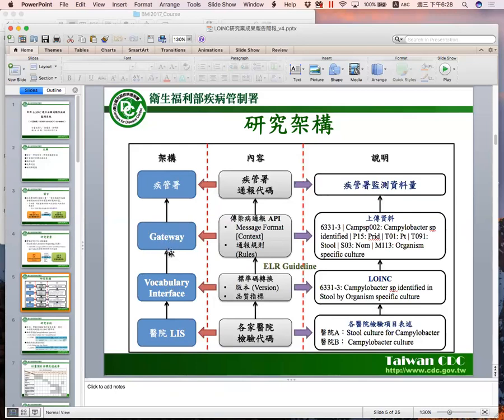Then we utilize an existing gateway and submit data to the CDC. Here you can see in each hospital, in this case, a stool culture for Campylobacter, which is a kind of bacteria.